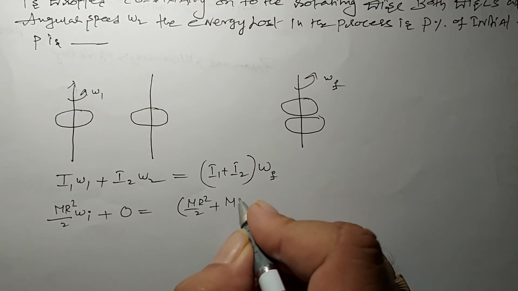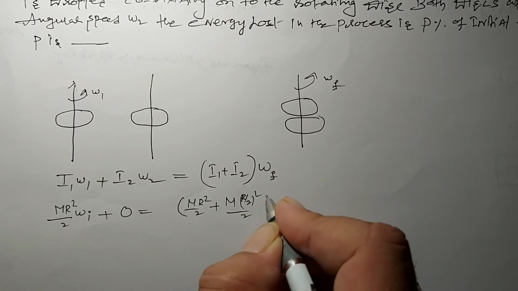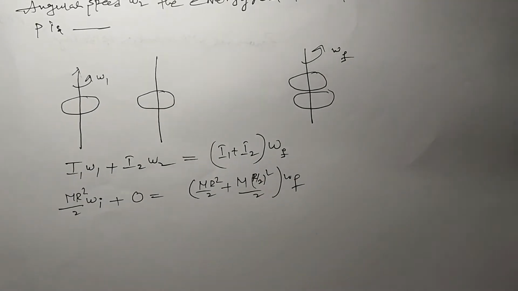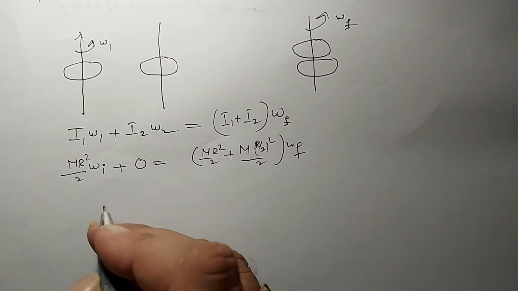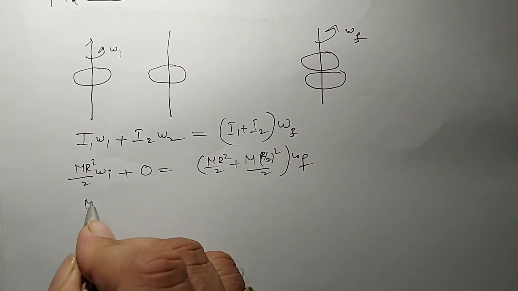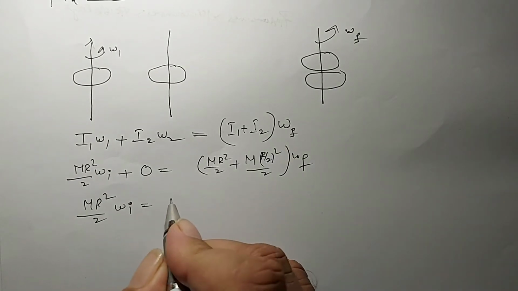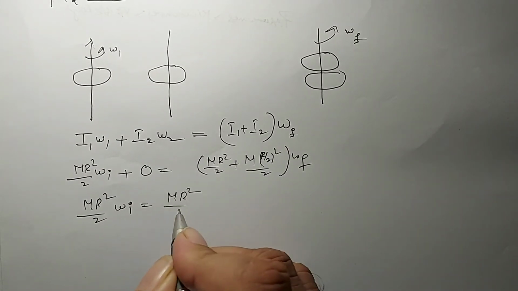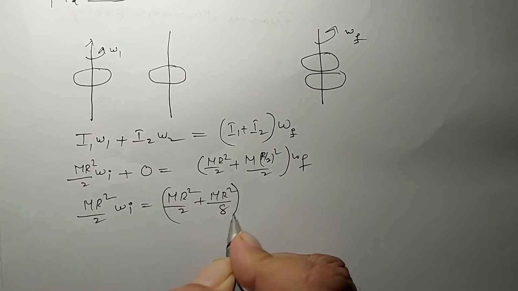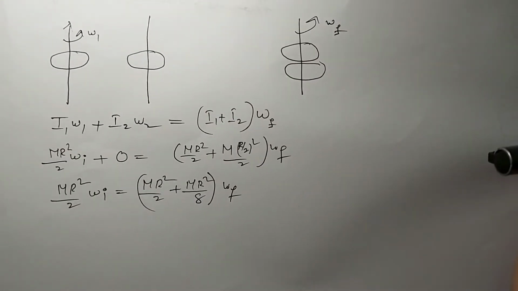So that is m into (r by 2) whole square by 2, into omega f. Here we write mr square by 2 into omega initial is equal to mr square by 2 plus mr square by 8, into omega final.